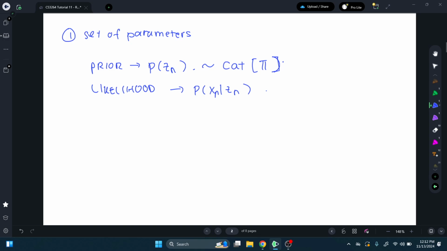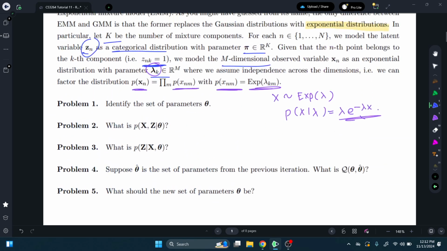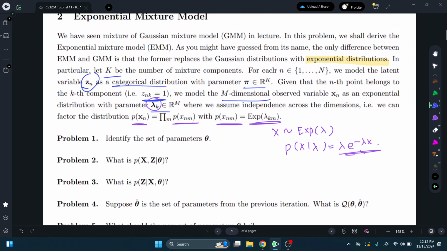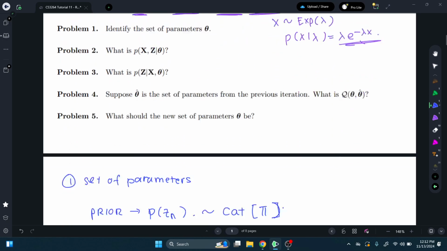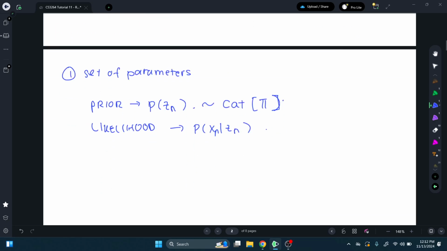If we are handling the Gaussian mixture, then we are going to use the Gaussian one, right? So for this one, what do we use? We're going to utilize the exponential distribution. So that is where the simple change happens. Instead of following a multivariate Gaussian, what we follow here is going to be the exponential distribution.